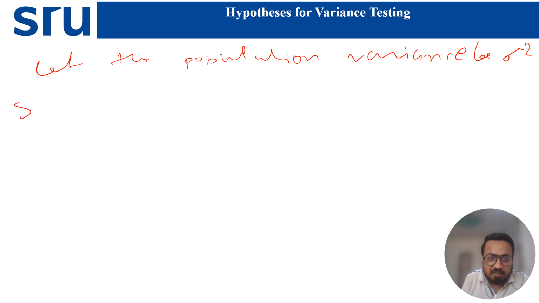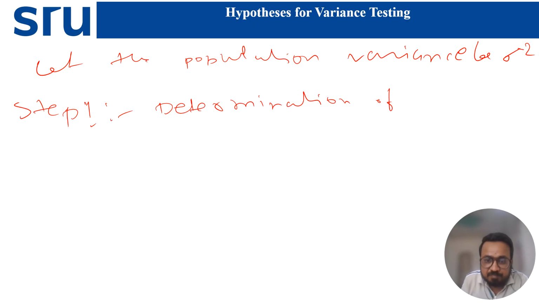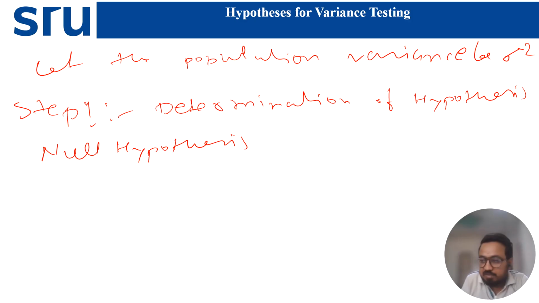Step 1 is the determination of hypothesis. First will be the null hypothesis, H naught: sigma square equal to sigma naught square.